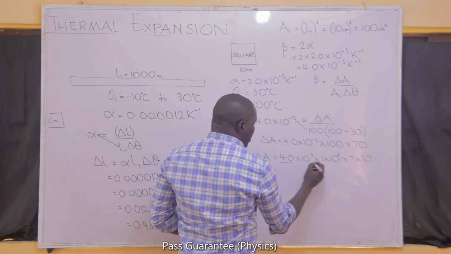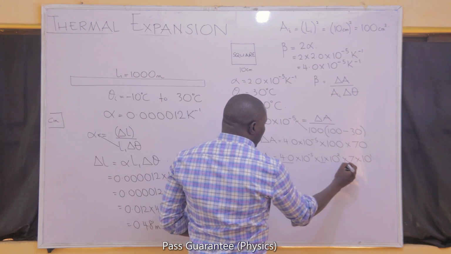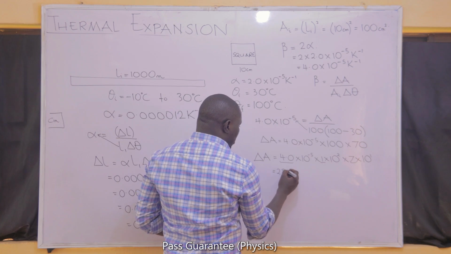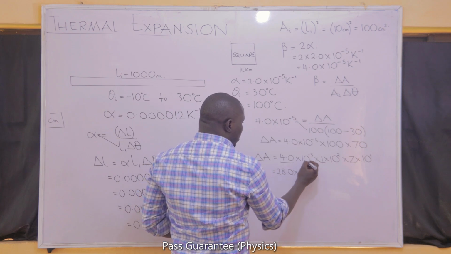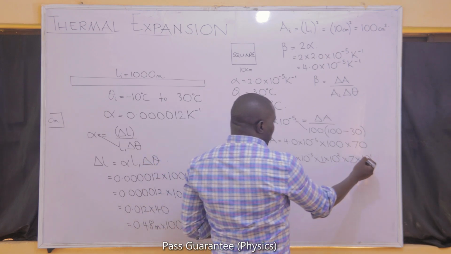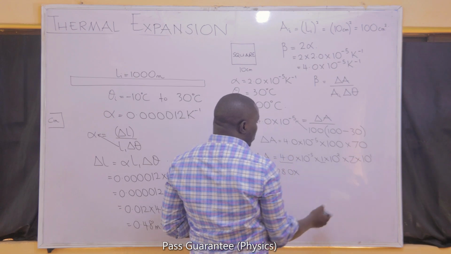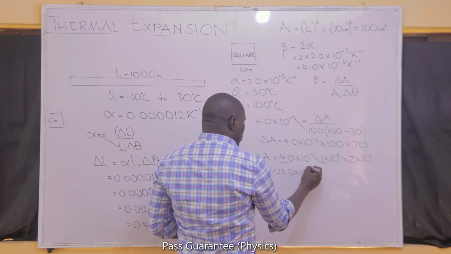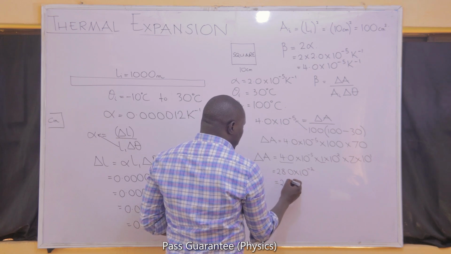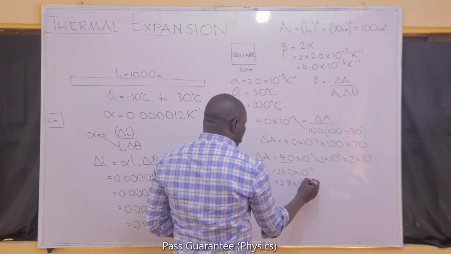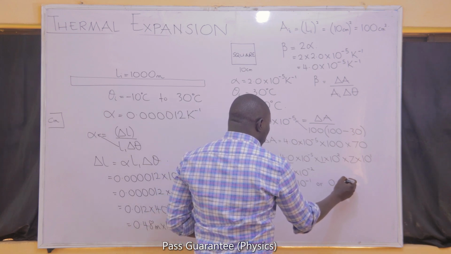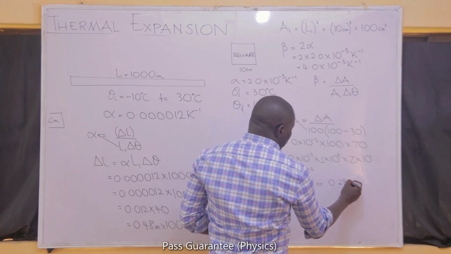We'll multiply the numbers. 4 times 1 is 4, times 7 is 28. 10 raised to the power minus 5 times 10 raised to the power 2 should be 10 raised to the power minus 3. 10 raised to the power minus 3 times 1 times 10 raised to the power 1 should be 10 raised to the power minus 2. If we complete that in standard form, we should have 2.8 times 10 raised to the power minus 1, or more appropriately expressed as 0.28 centimeters squared.